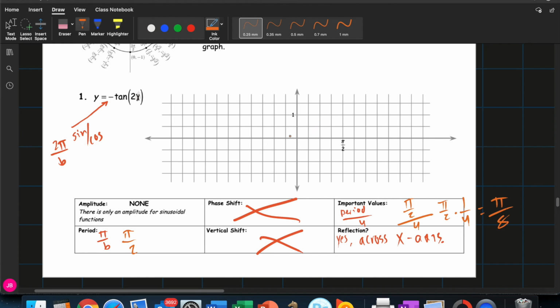And it also means that my pattern is going to repeat every pi over 2. So if I know that tangent starts off here, what do you think is going to happen at pi over 2? If the pattern is repeating every pi over 2, then at pi over 2, I'm going to have the same thing that I have at 0, which is going to be an x-intercept.